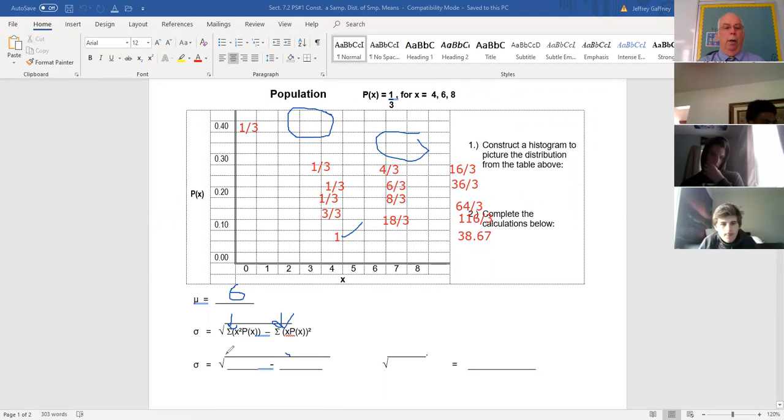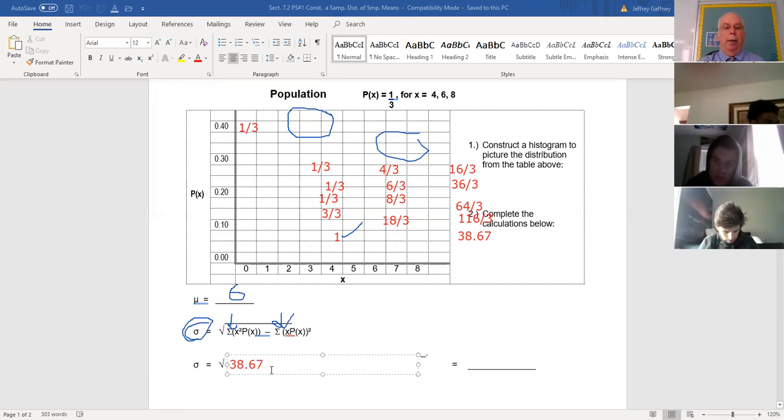So here we're calculating the standard deviation of the population, right? So we're taking that sum of that far right or fourth column, which was the 38 point, what was it, 67, right?